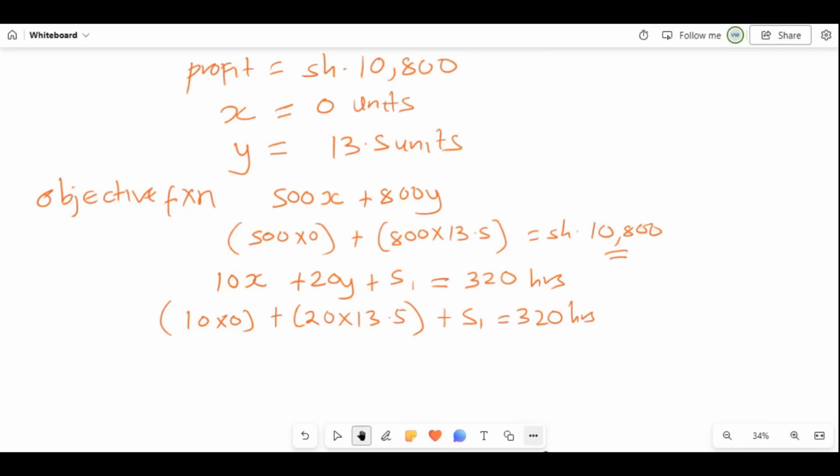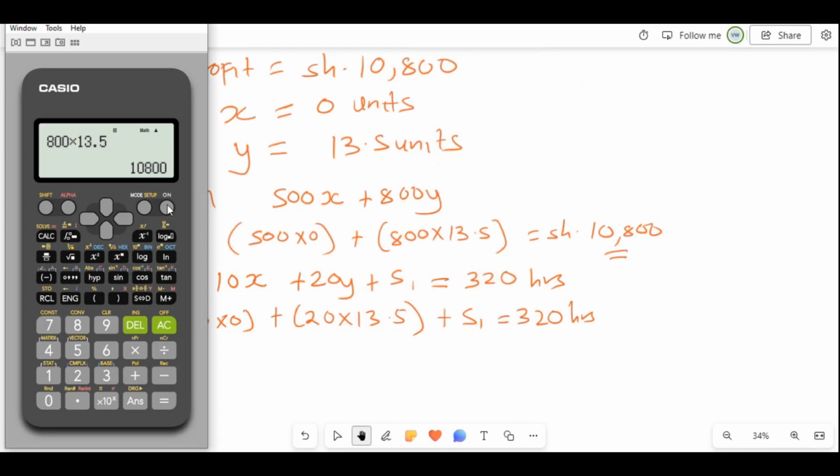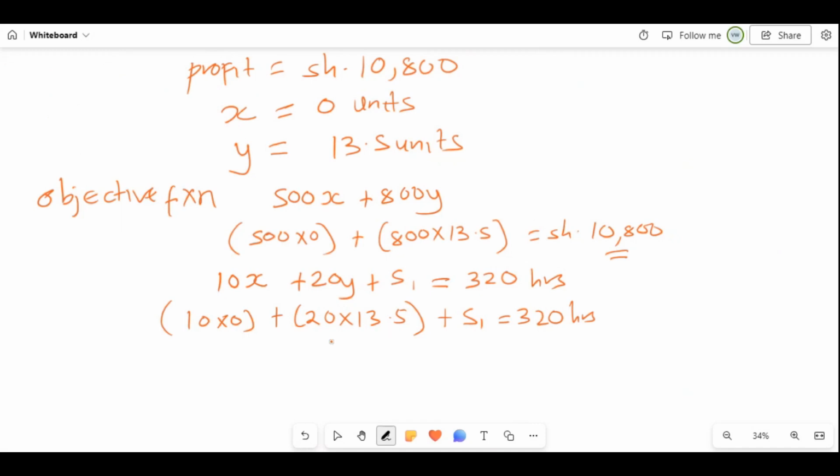So that will be 20 times 13.5, which gives us 270. This implies that of the 320 hours available, 270 has been utilized, which means the amount not utilized will actually be 50 hours.